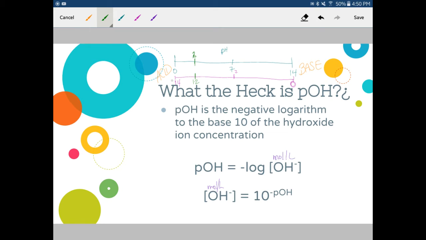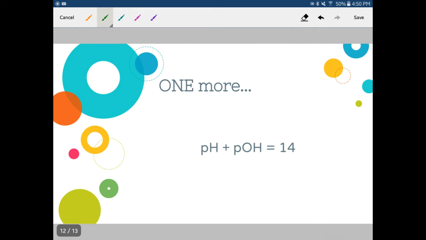That is simply based on my pH scale, and that's all from my water ionization constant. So if I have a pH of 7, let's not use 7 as an example. Let's go with 5. 5 plus x equals 14. If I needed to solve for my pOH as a preliminary calculation, I would say 14 minus 5 is equal to x.